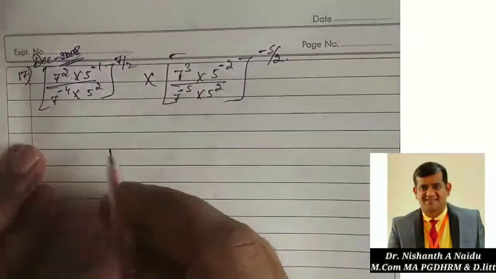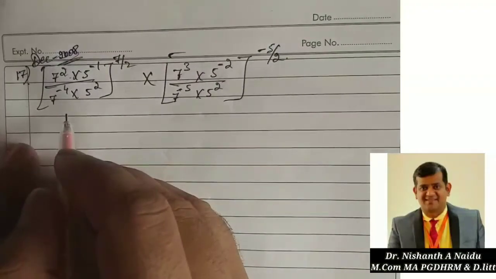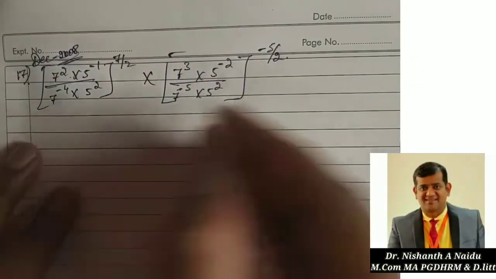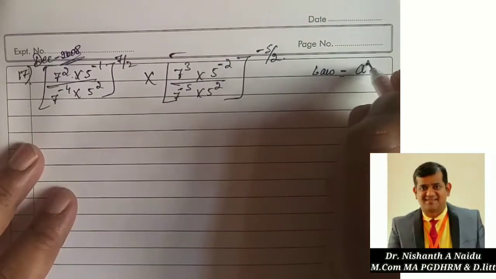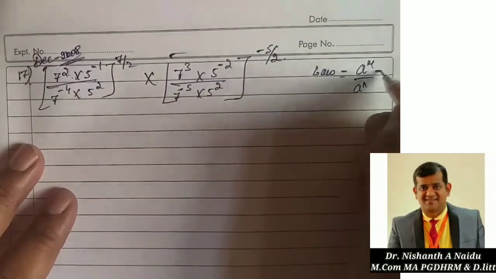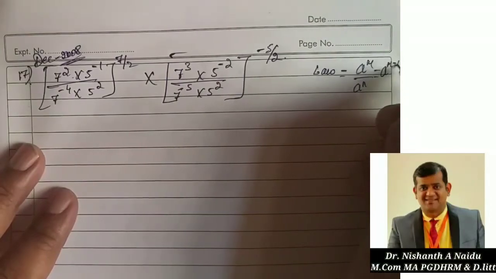Okay, so by applying the simple law, the law which applies when bases are the same, a to the power of m divided by a to the power of n is a to the power of m minus n.